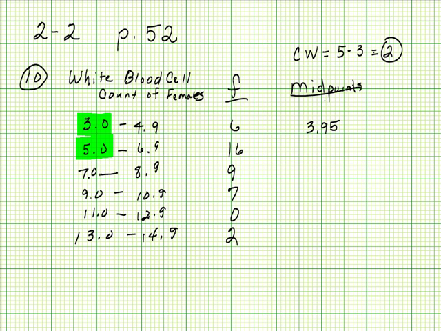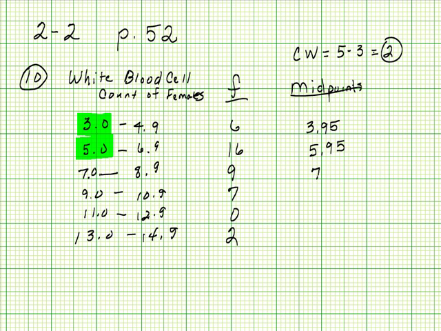5 plus 6.9 gives me 11.9, divided by 2 is 5.95. 7 plus 8.9 is going to give me 15.9, divided by 2 is 7.95.